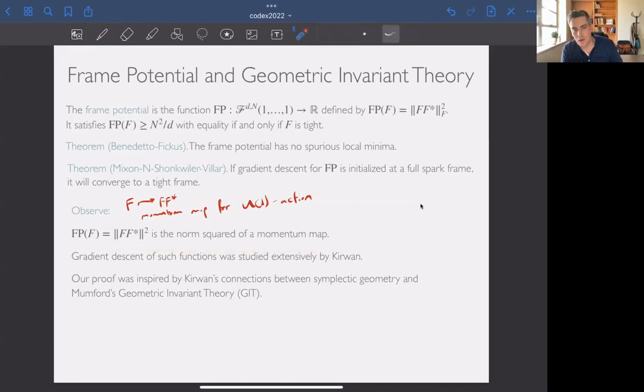I mentioned earlier that Kirwan really studied these extensively and understood the gradient descent behavior of these functions, and showed that these are generalized Morse-Bott functions with pretty precise characterizations of critical sets and things like this. So our proof of this theorem was unpacking what Kirwan was doing, and really the way that she was studying this was to find connections between symplectic geometry and geometric invariant theory from algebraic geometry.